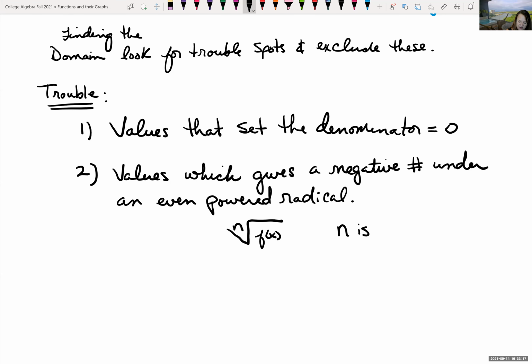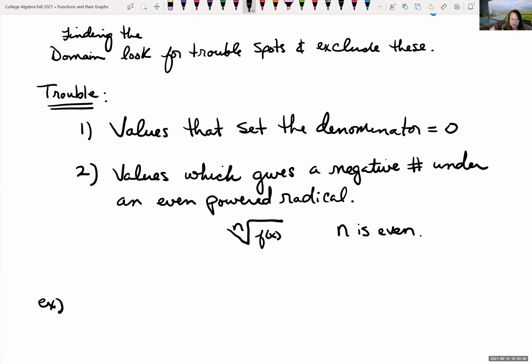If n is odd, then we're not going to have any problems. We can have a negative number underneath that radical. But these are values that we need to be aware of, and these are values that we would have to exclude from the domain. And so if they just give us an equation and ask us to find the domain, we see if there's any trouble spots.